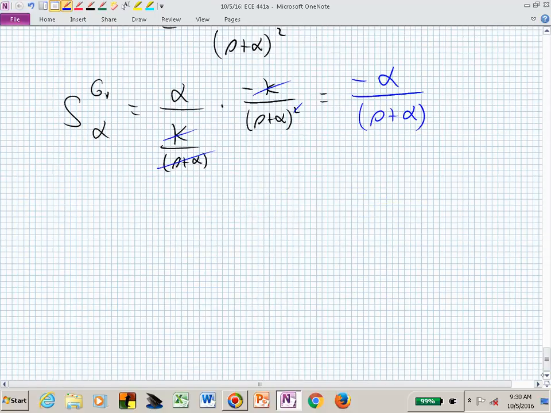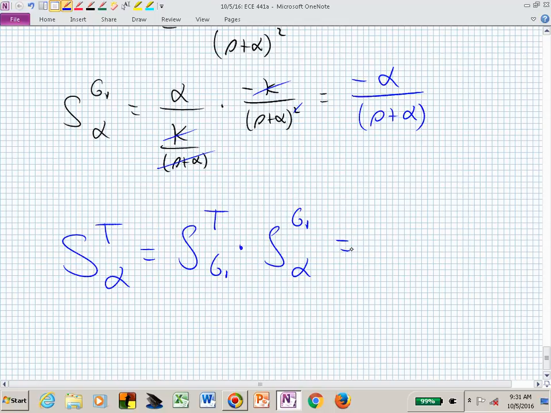And we can now use that to find the sensitivity of t with respect to alpha. That was the sensitivity of t with respect to G1 times the sensitivity of G1 with respect to alpha, the chain rule. What was the first piece? That was this 1 over 1 plus G1G.